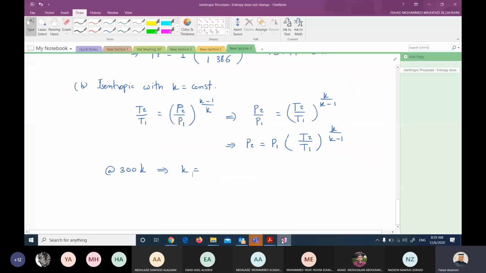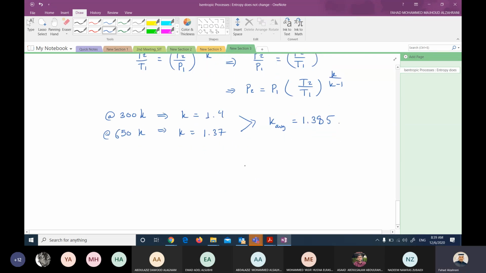So at 300 K, K is 1.4, and at 650, K is equal to 1.37. So K average is 1.385, approximately.